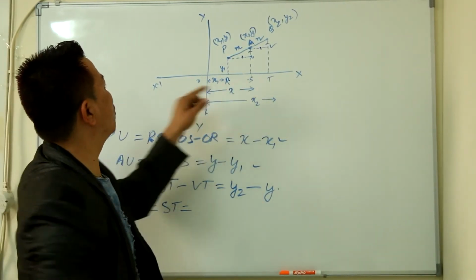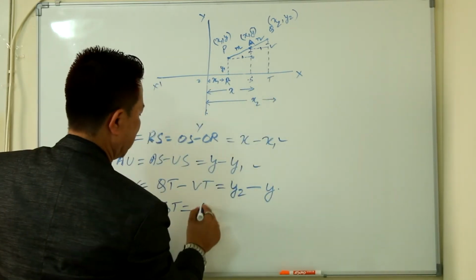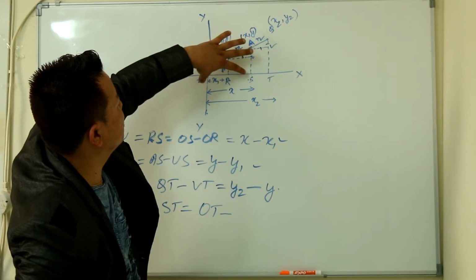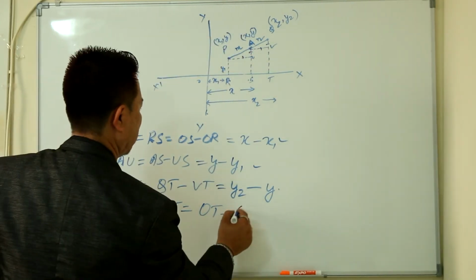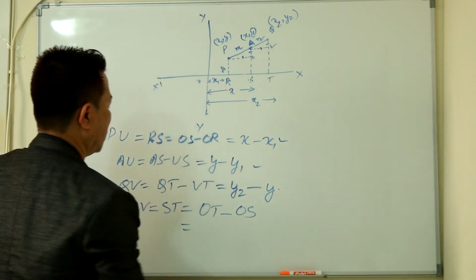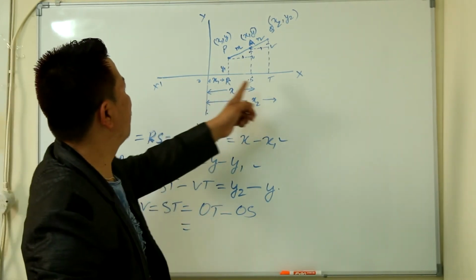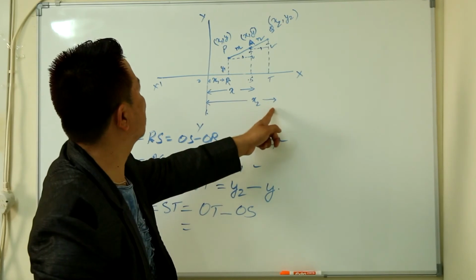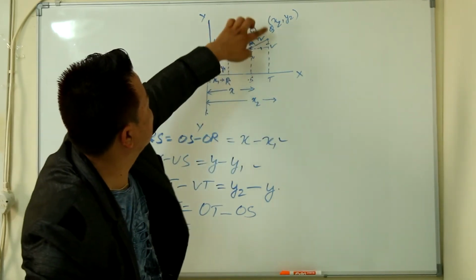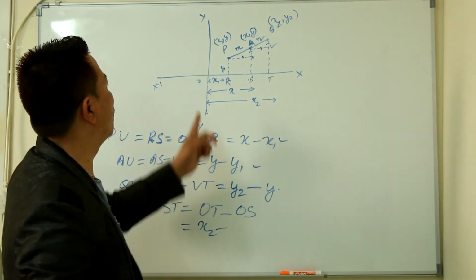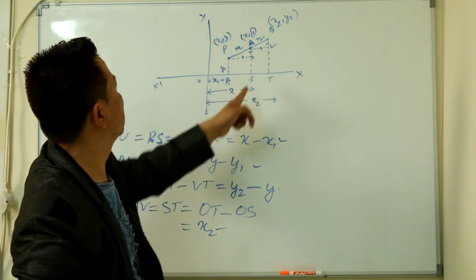From this whole line segment OT minus, you need to delete this portion OS. What is the value of OT here? The value of OT is X2, minus, and what is the value of OS? X.